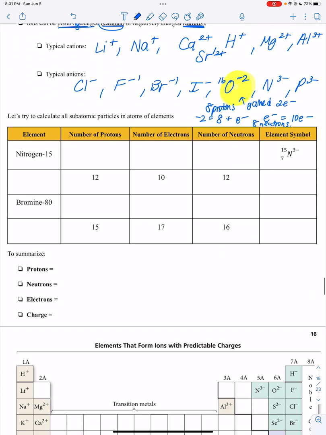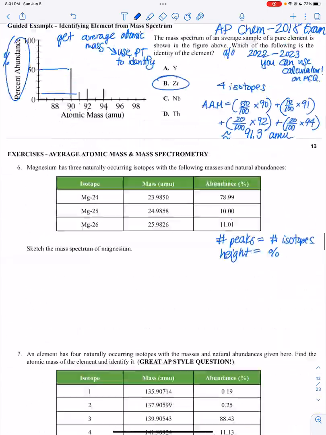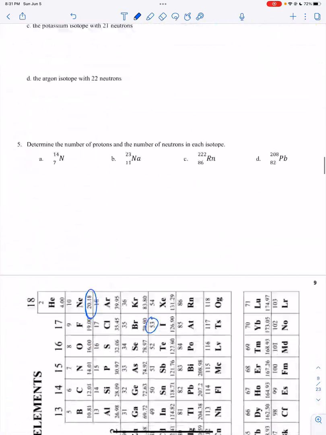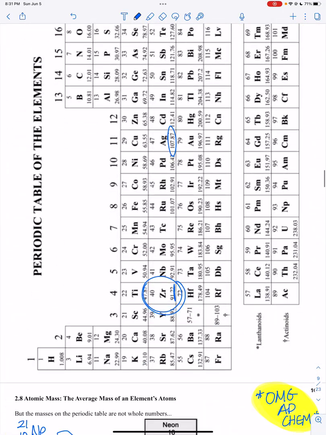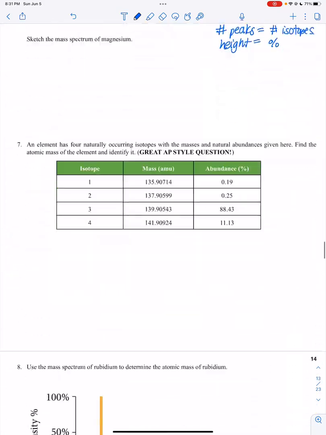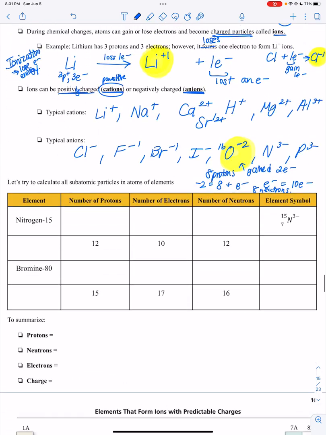Let's do a couple of examples here. Let's try to calculate all subatomic particles in atoms of elements here. So if I have nitrogen with a mass of 15, if I look on the periodic table, nitrogen has an atomic number of 7, so it has 7 protons. It doesn't have a charge here, but over here it does, right?